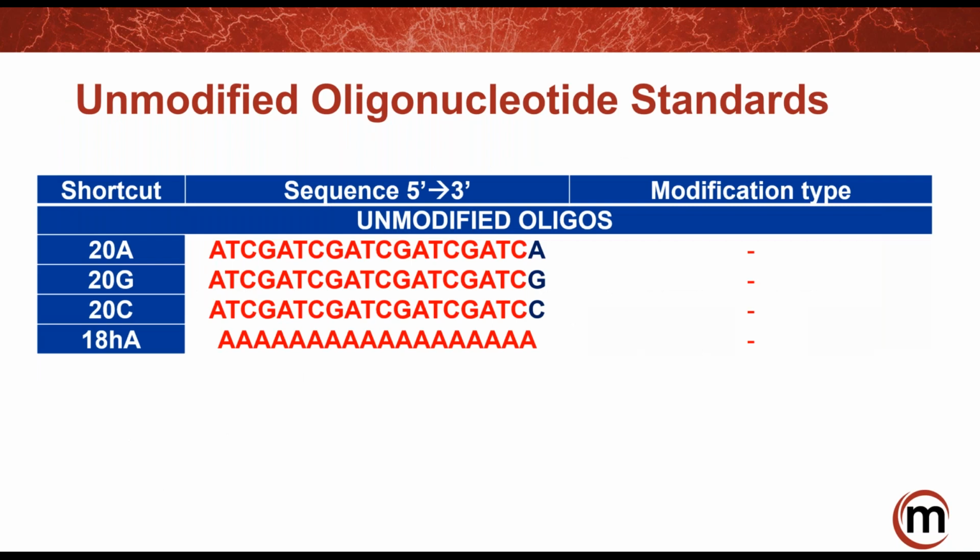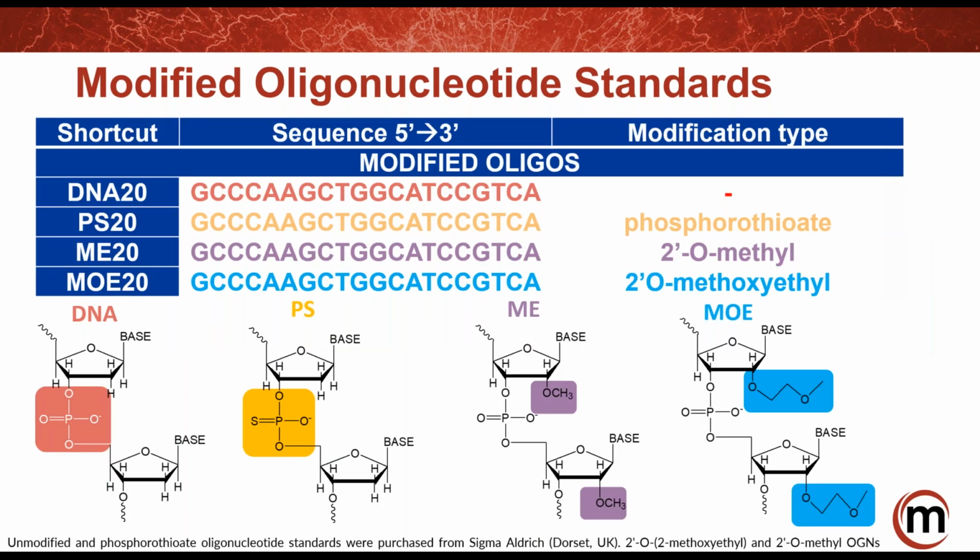So the unmodified oligonucleotides, the nomenclature 20A, 20G, 20C, and 18HA. So the last letter there is the last nucleotide in the sequence from the 5' to 3' direction, and then 18HA is just all adenines. And then the modified oligos, this is the modified backbone. So you have DNA, which is an unmodified backbone, and then you have the phosphorothioated backbone.